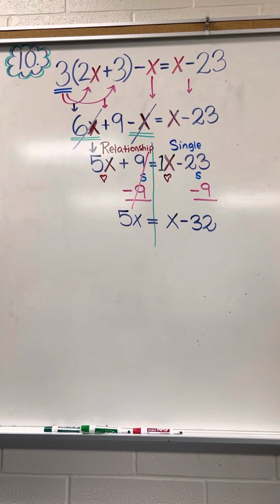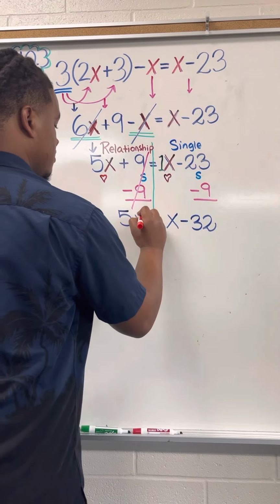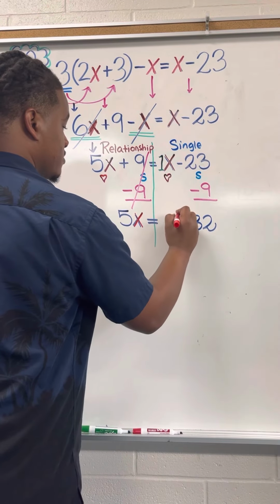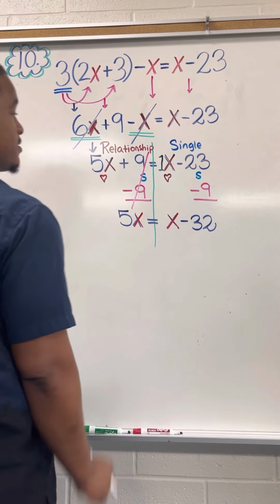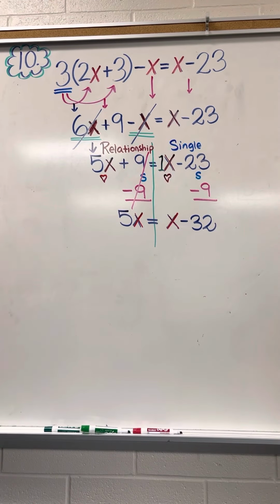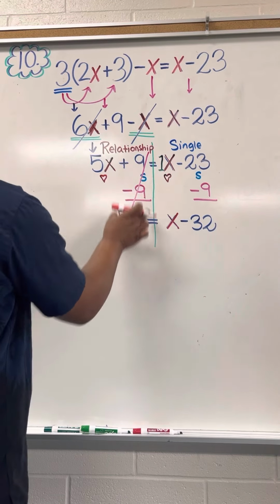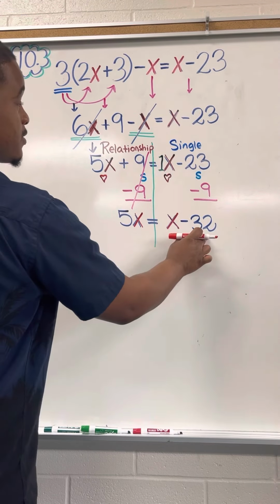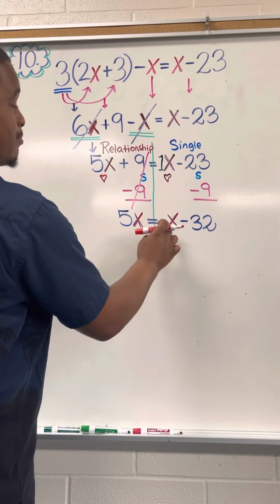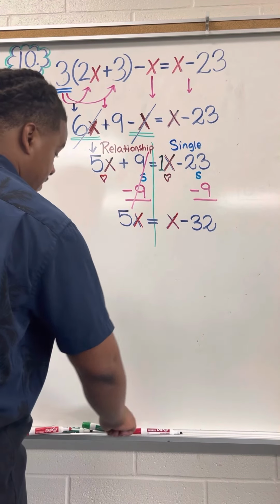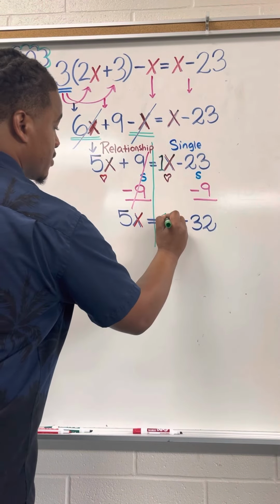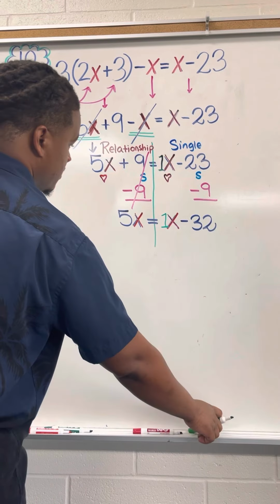Okay, so now we have 5x equals 1x minus 32, okay? Now, once again, 5 times x is in the relationship. They're on the relationship side. Negative 32 is single. It's on the single side. But x, which once again is really saying 1 times x, I'm just going to put a green 1 right here because it's really saying 1 times x.